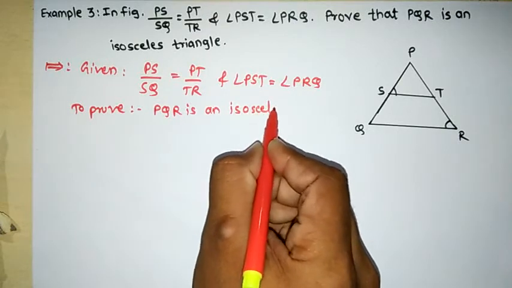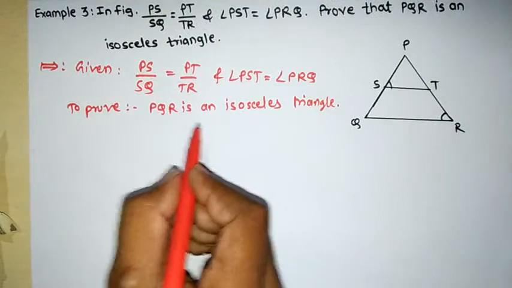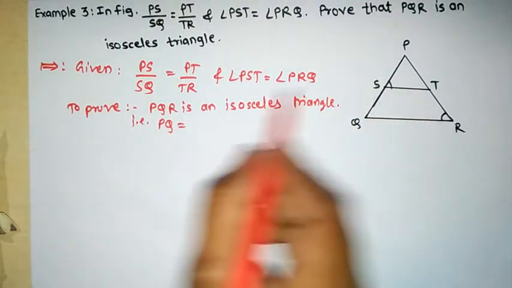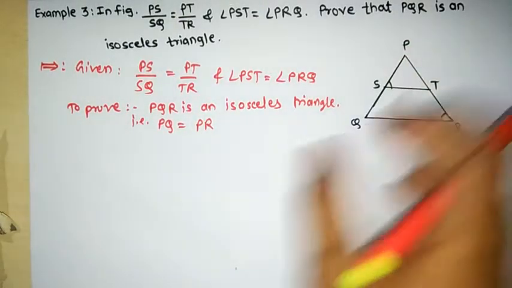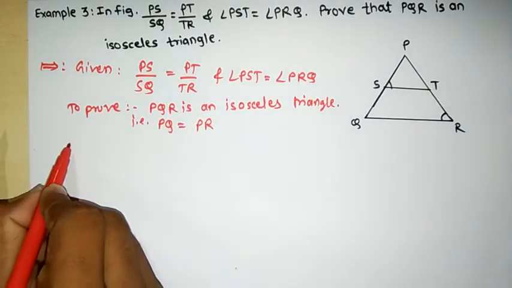Means what we have to prove here? Side PQ is equal to PR. PQ is equal to PR means isosceles triangle means two sides are equal. Proof.